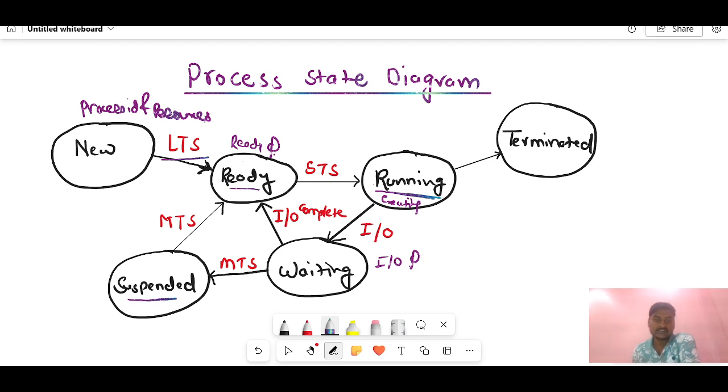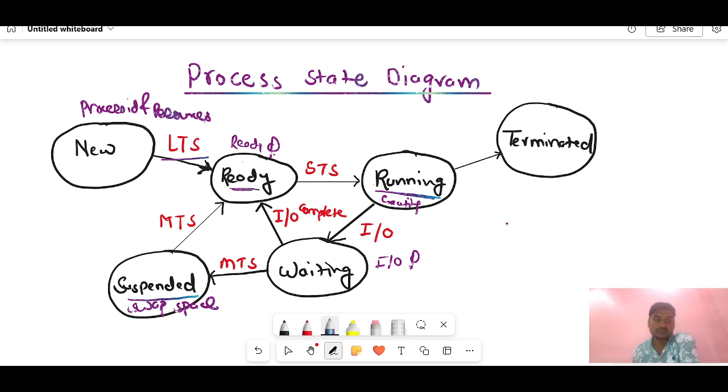So here in the suspended state, the process will be in swap space, so that the released memory can be given to some other process to run its execution efficiently. And whenever there is space in the memory, the middle-term scheduler will select that process from swap space to the ready queue.